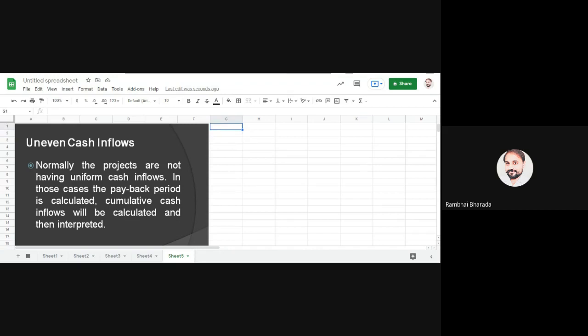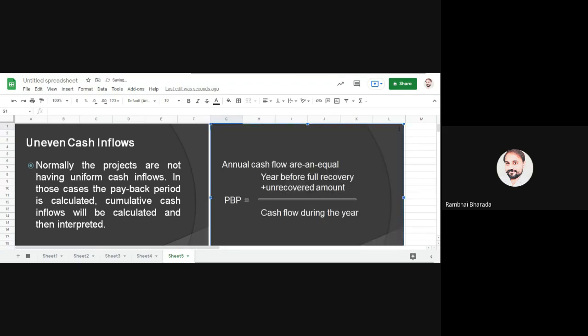But if the profit is not equal for all the years, we will use this formula. Let me revise it a little. PBP, payback period, is equal to year before full recovery plus unrecovered amount upon cash inflow during the year.